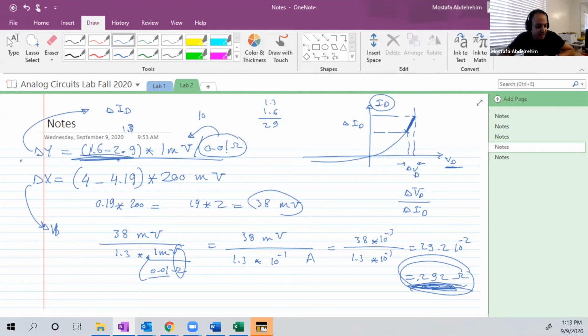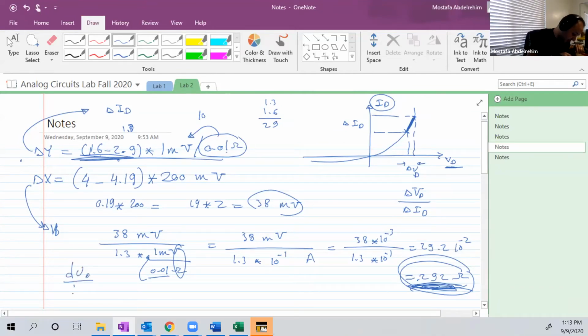Here the relation between voltage and current is not linear, so if we take delta V by delta I, or the derivative, dV by dI, it will be a complicated equation.